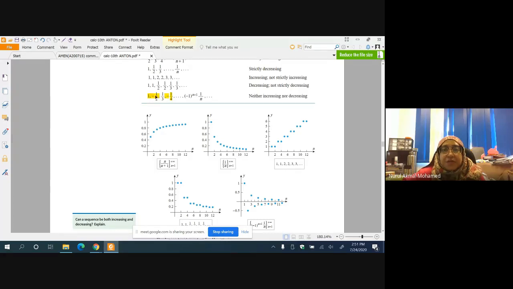The first one is positive, the second one is negative, the third one is positive again. So you cannot say that it is increasing, and you cannot say that it is decreasing. So it is neither increasing nor decreasing.